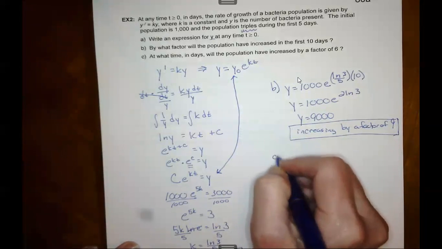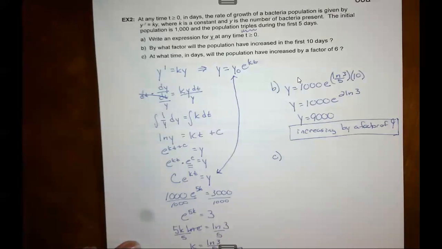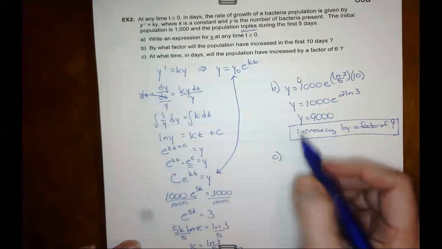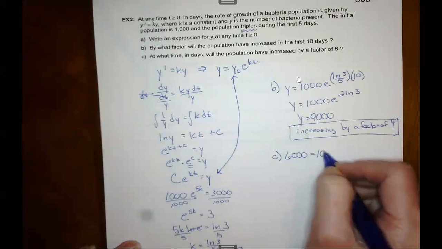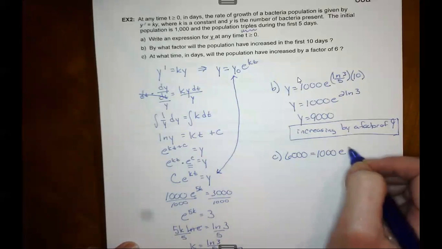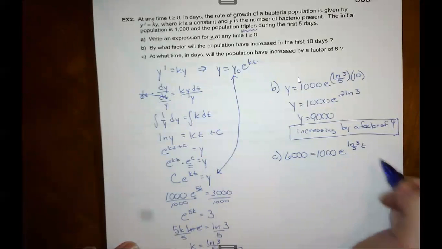All right, then part C. It says, at what time in days will the population have increased by a factor of 6? Well, if it increases by a factor of 6, then our outcome amount is 6,000, and that's going to be our y value. So 6,000 equals 1,000 e to the ln of 3 over 5 times t power.